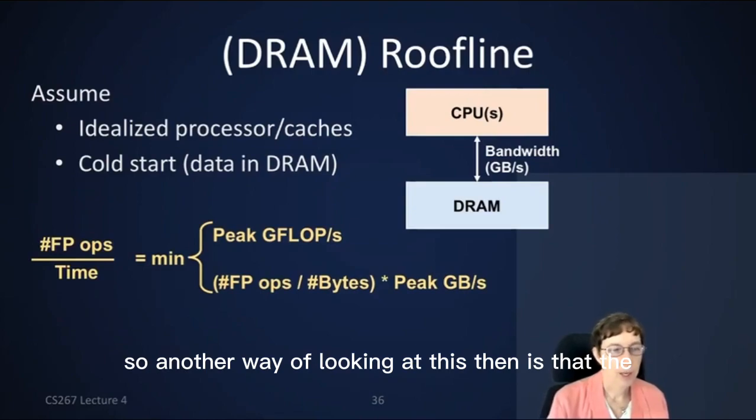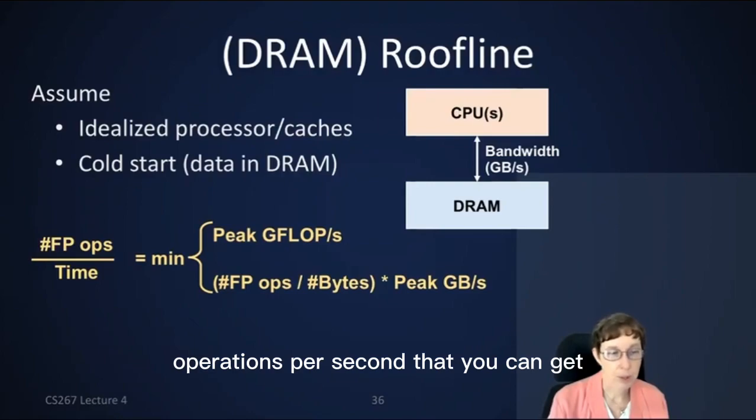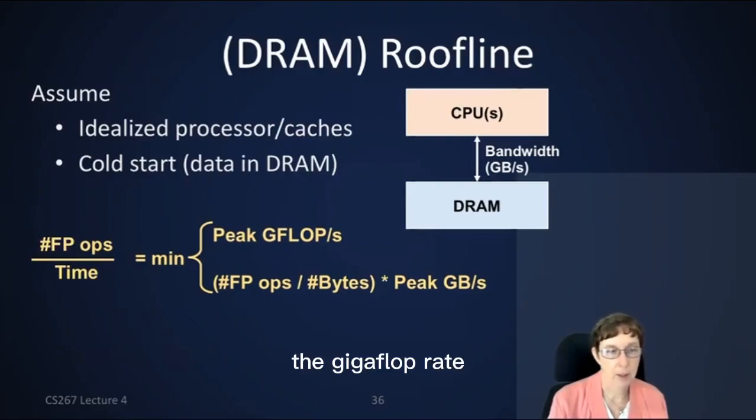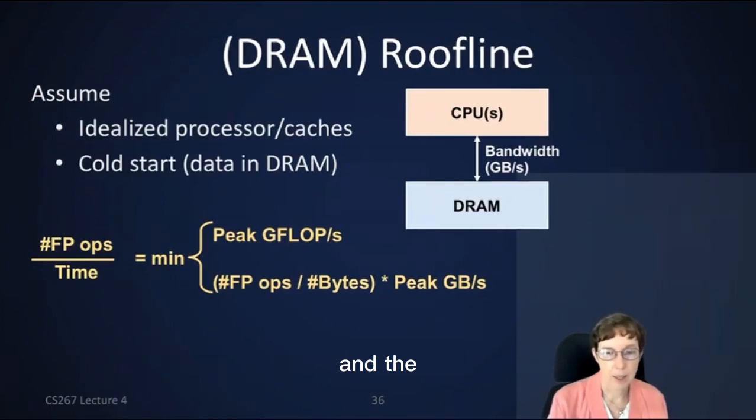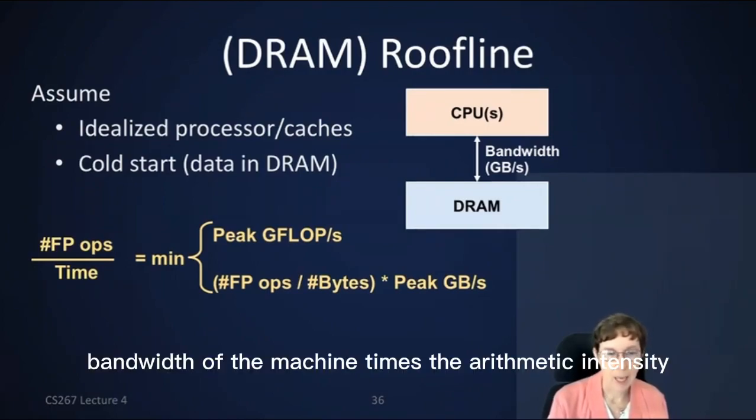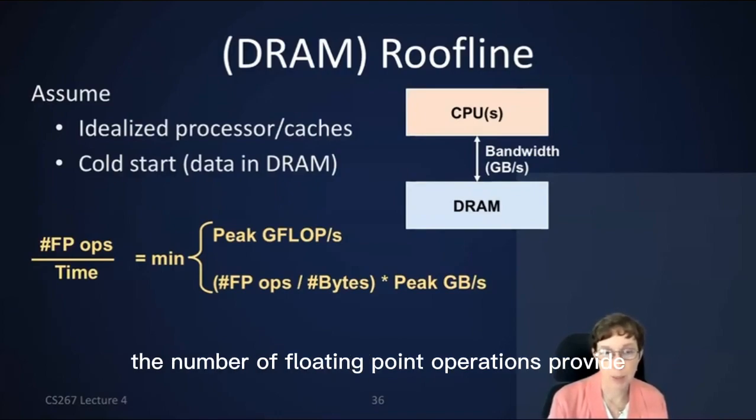So another way of looking at this then is that the operations per second that you can get, the gigaflop rate, the number of floating point operations per second, is going to be the minimum of the peak gigaflops of the machine and the peak bandwidth of the machine times the arithmetic intensity, the number of floating point operations per byte that you're going to do.